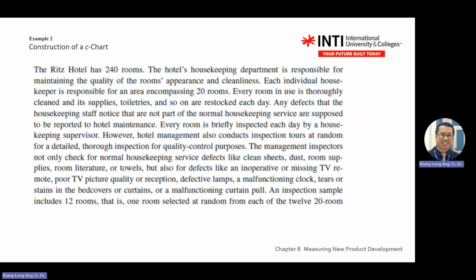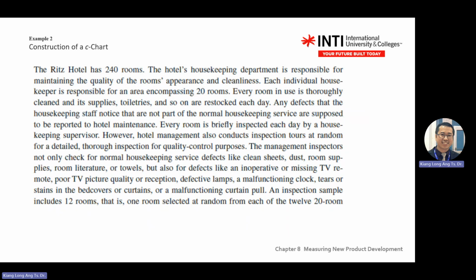The management inspector not only checks for normal housekeeping services, defects like clean sheets, dust, towels, but also defects by operatives, a missing TV, and so on. These are the defects.